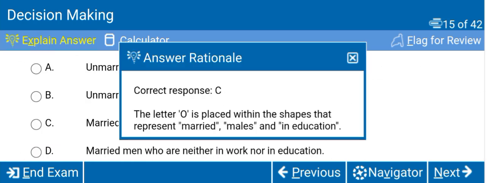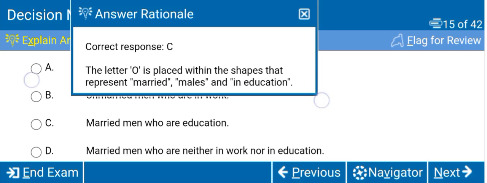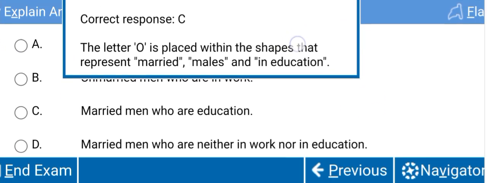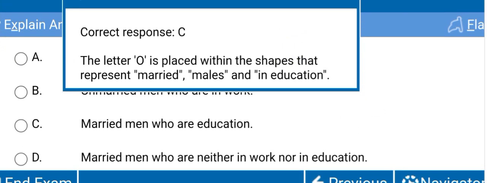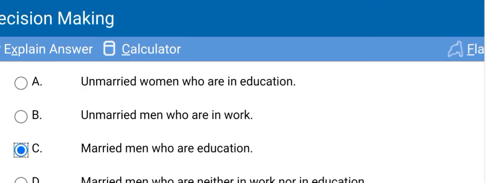Okay, so option C is correct. The letter O is placed within the shapes that represent married males and in education. So the correct option is C, married men who are in education.